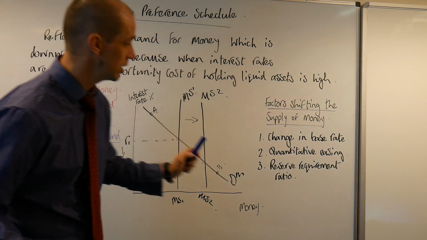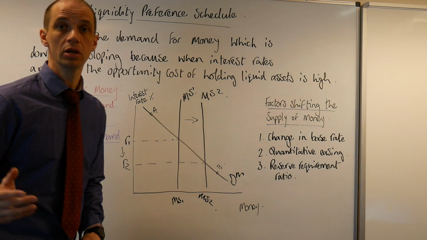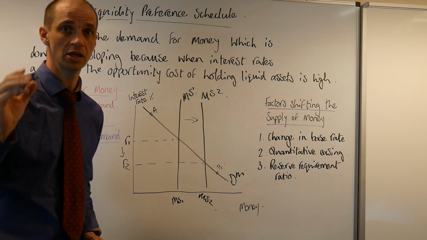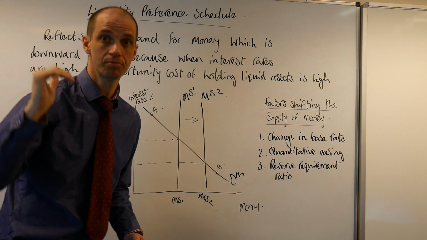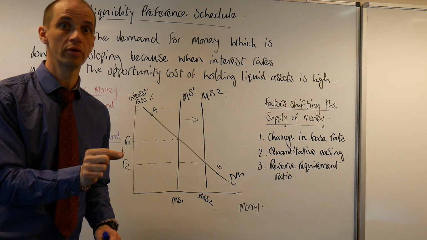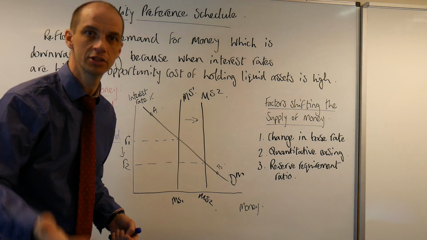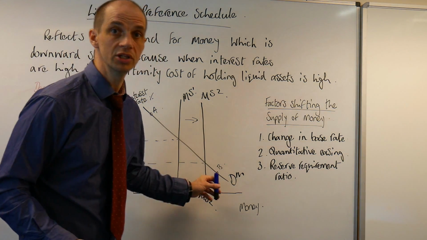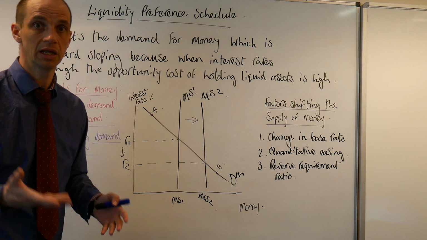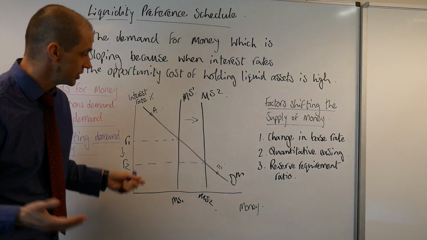Secondly, quantitative easing, well, we've covered that one. And thirdly, the reserve requirement ratio. If the Monetary Policy Committee at the Bank of England bring down that reserve requirement, allowing banks to retain a smaller amount of capital for every loan they make, perhaps reducing it from say 15 to 10%, then the money supply in the economy would grow, and the interest rates prevailing in that economy would fall, of course.